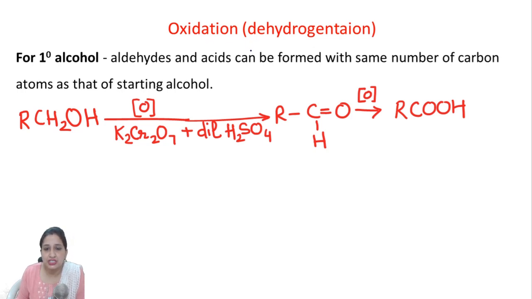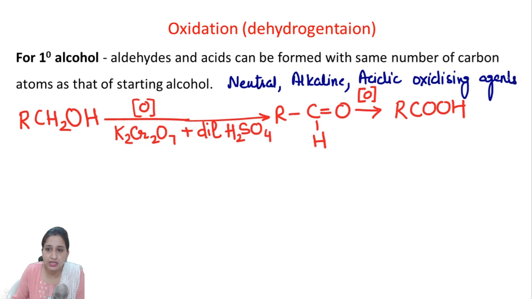Oxidation reaction of alcohols usually takes place in the presence of neutral, alkaline, or acidic oxidizing agents. These reactions can take place in neutral, acidic as well as alkaline oxidizing agents, but tertiary alcohols react with some difficulty, which means they undergo oxidation only in the presence of strong acidic oxidizing agents.